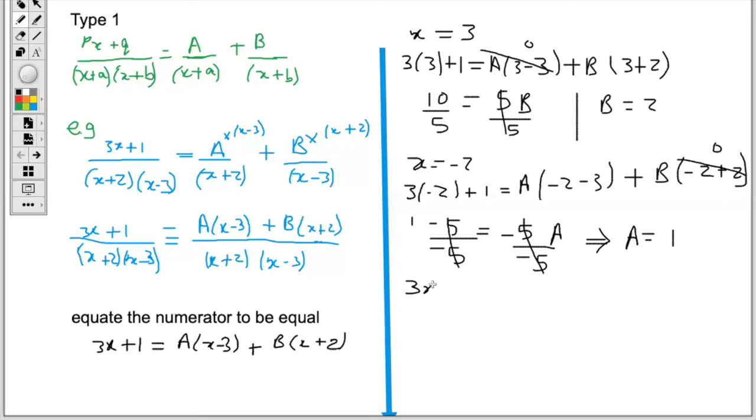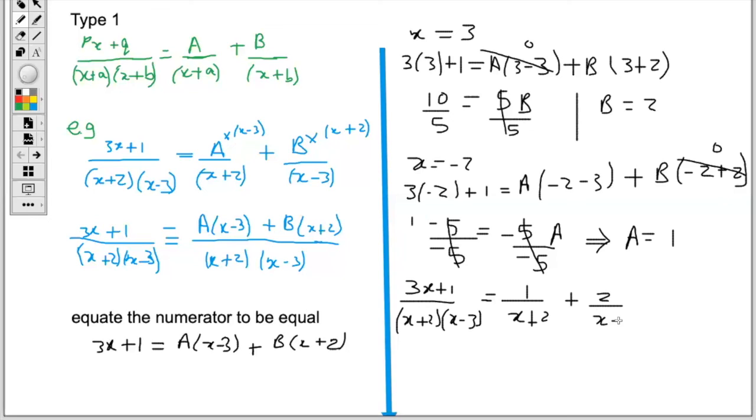So what do we have? We have 3x plus 1 over x plus 2 times x minus 3. Rewriting this as a partial fraction, now that we know what a and b are, it's equal to a, which is 1, so 1 over x plus 2, and b is 2, so I replace it, 2 over x minus 3.